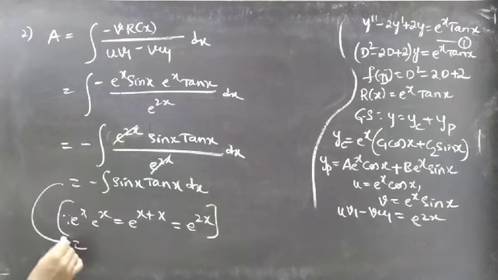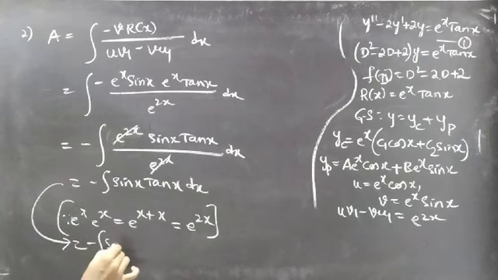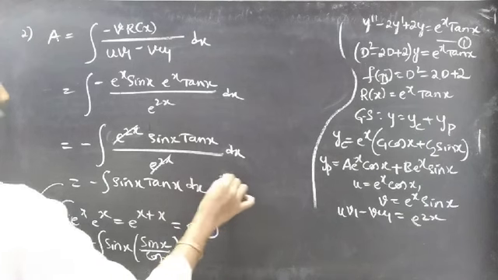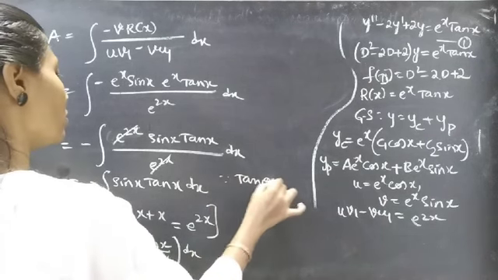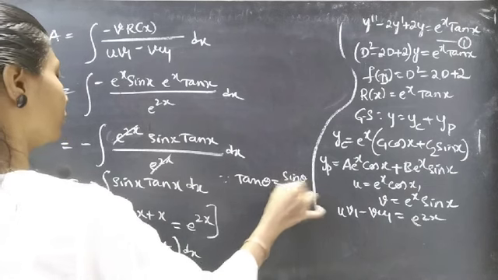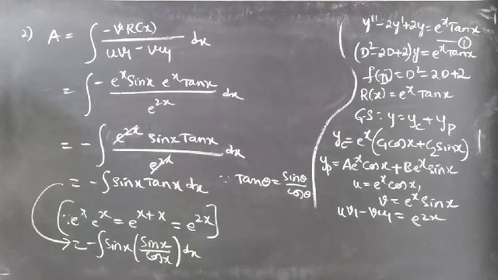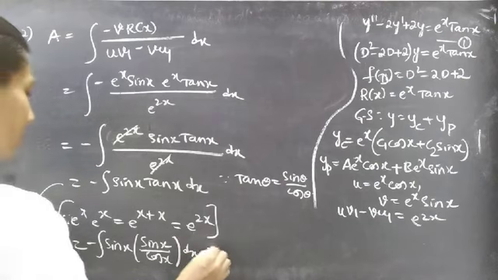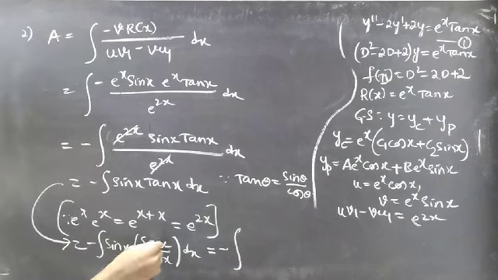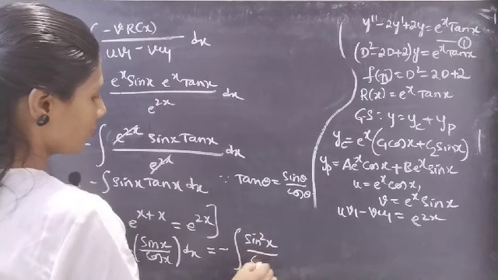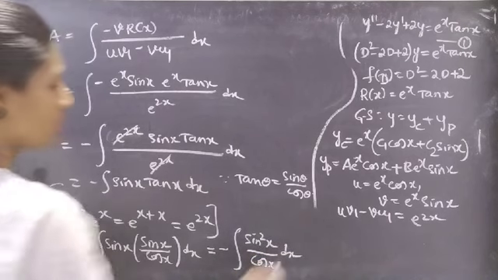This becomes minus integral sin x into, just replace tan x by sin x by cos x, since tan theta equal to sin theta by cos theta. Right? Then this becomes minus integral sin x into sin x is sin square x by cos x into dx.